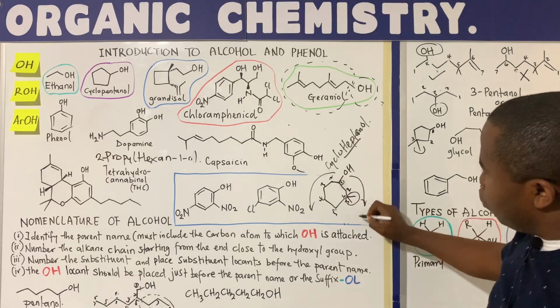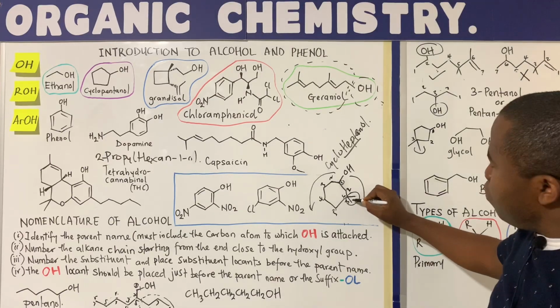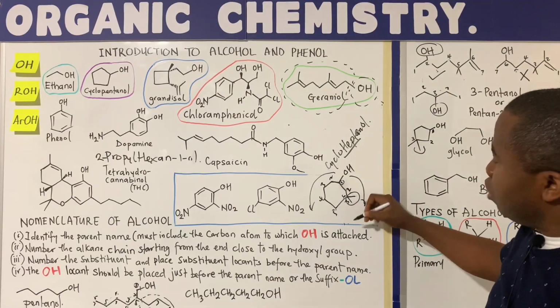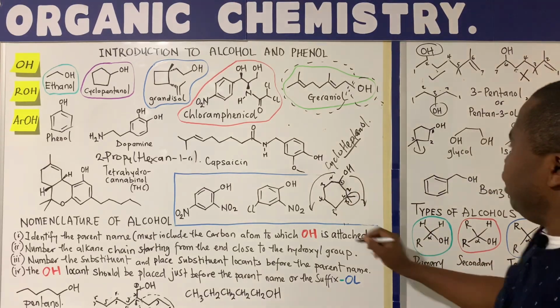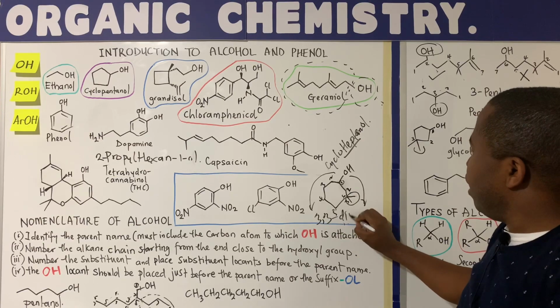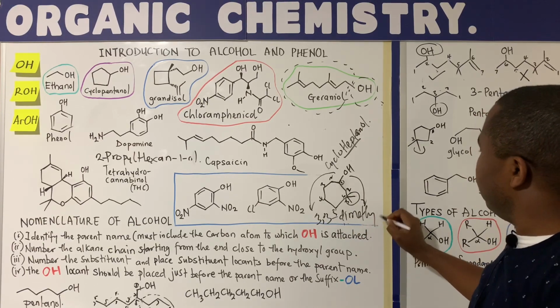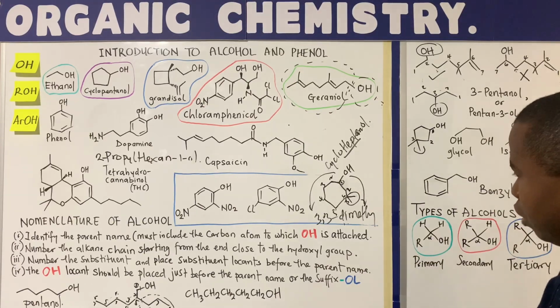So we have to go this way so that we have this substituent on the 3rd carbon, and that will give this compound the name 3,3-dimethylcycloheptanol. So that will be the name of the compound.